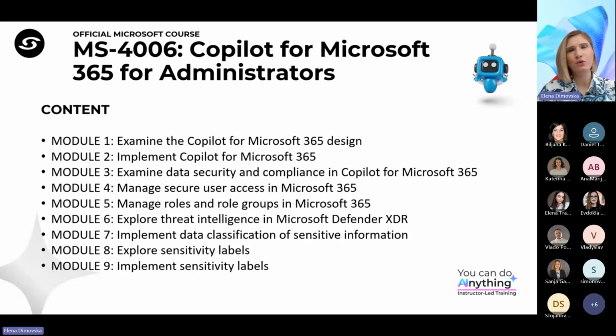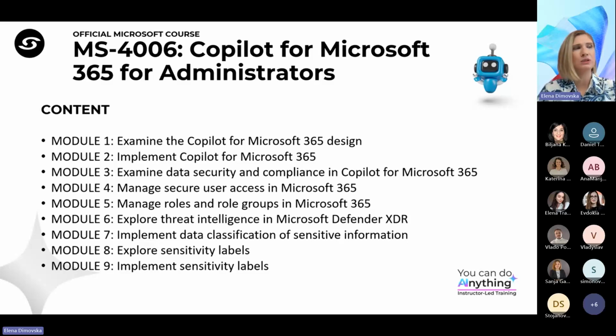Then we have MS 4006, which is Copilot for Microsoft 365, in this case for administrators. So this is an IT course with an IT administrator target audience. And you can see that here they're going to learn how they can implement Copilot for Microsoft 365. They will take care of the security and user access in Microsoft 365.